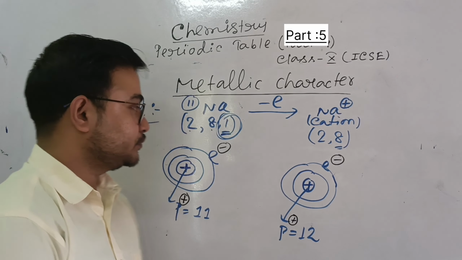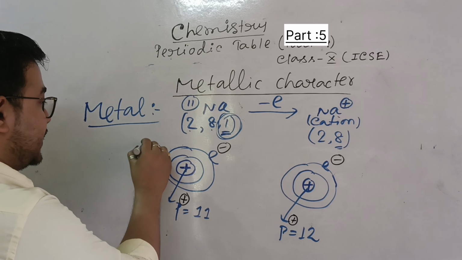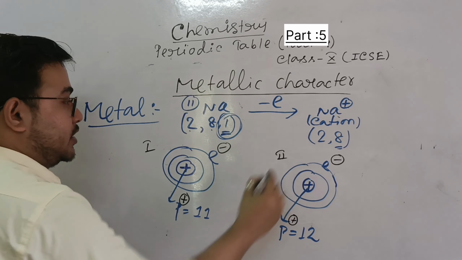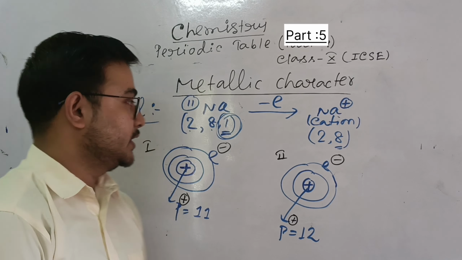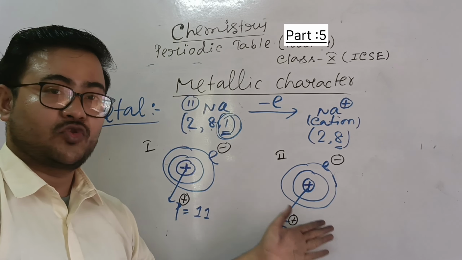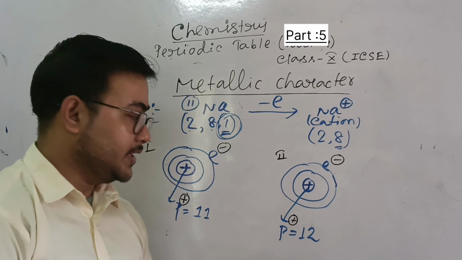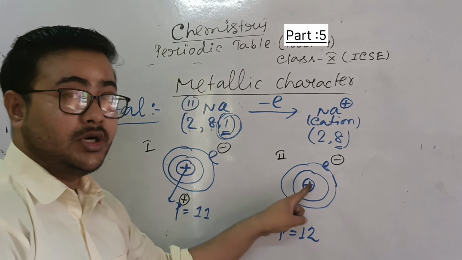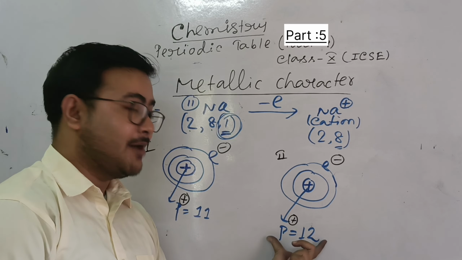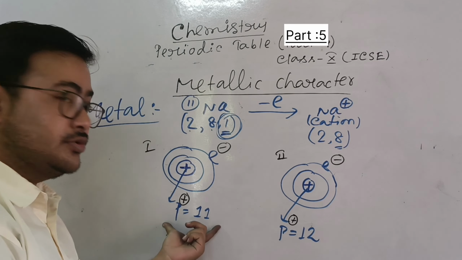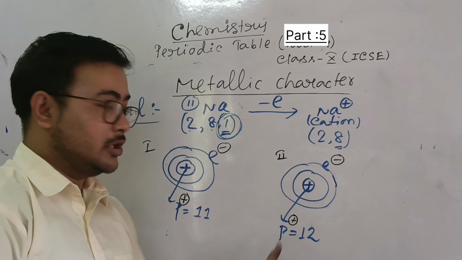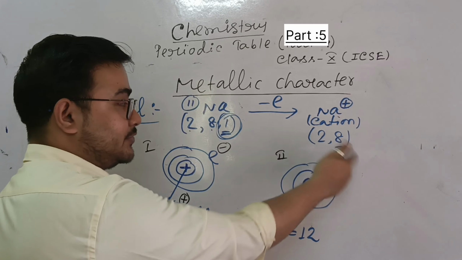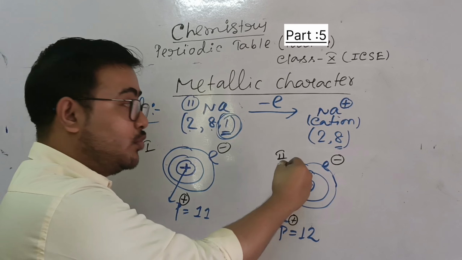Now tell me, in these two cases, first case and second case, where will the attraction be more? Obviously the answer is here. Why? Because here in the nucleus there are more protons compared to this. Here the number of protons is only 11. Here the number of protons is 12. So here 12 protons attract the outer electron with more force.